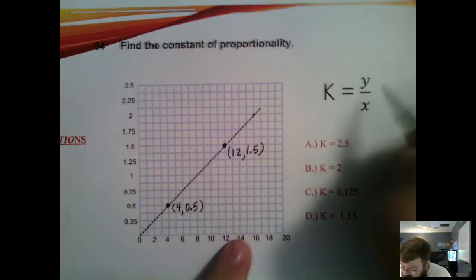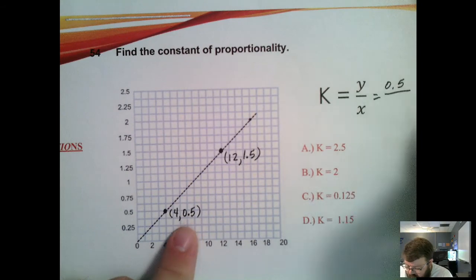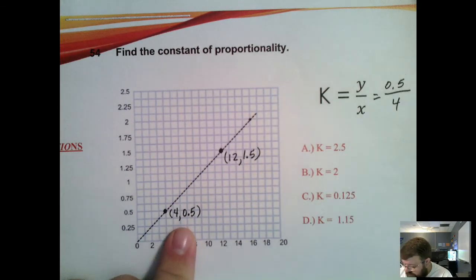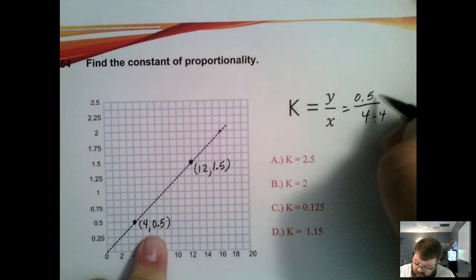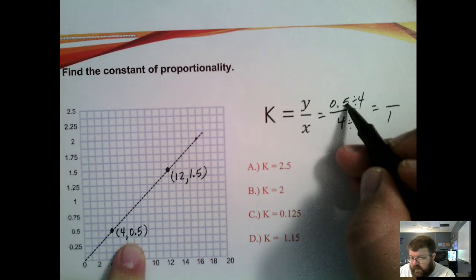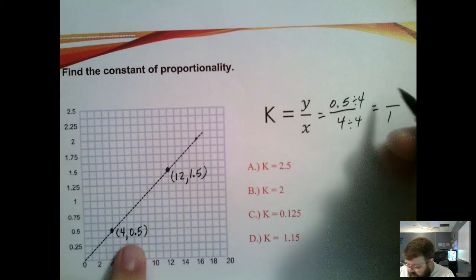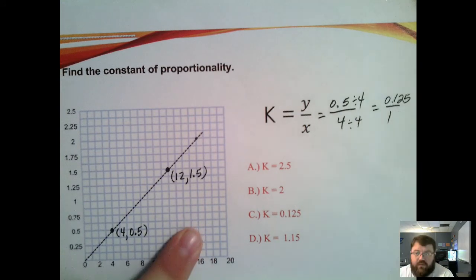Okay, so for this one, we have a y value of 5/10 over 4. Okay, so you can divide this by 4, divide this by 4. 4 divided by 4 is 1. 5/10 divided by 4 is 125 thousandths.